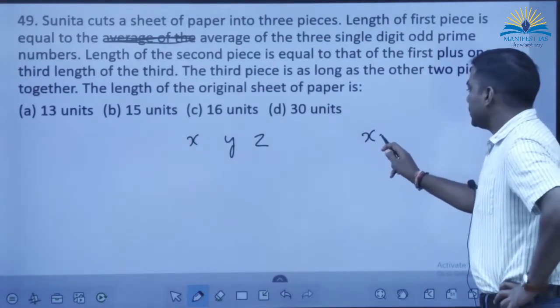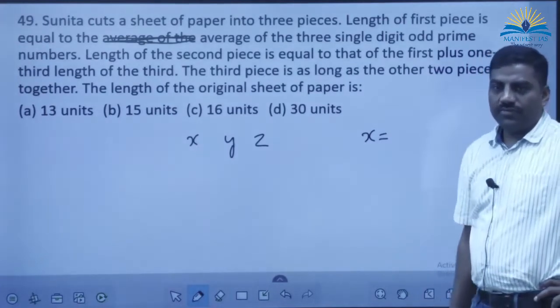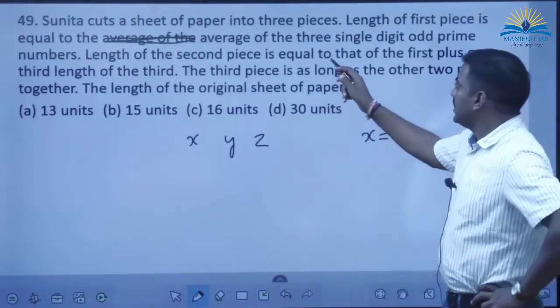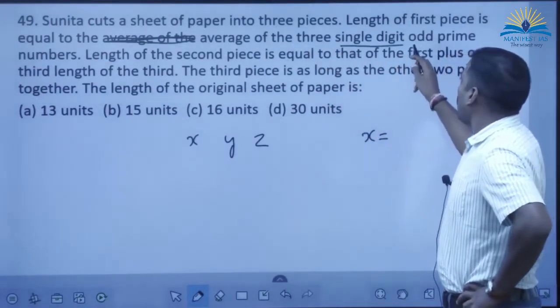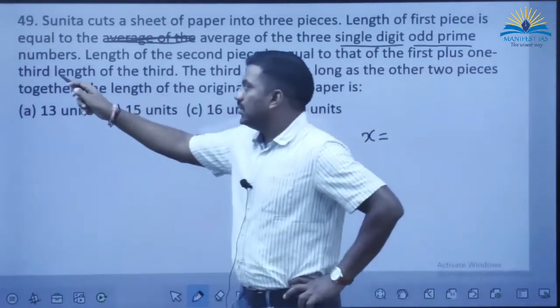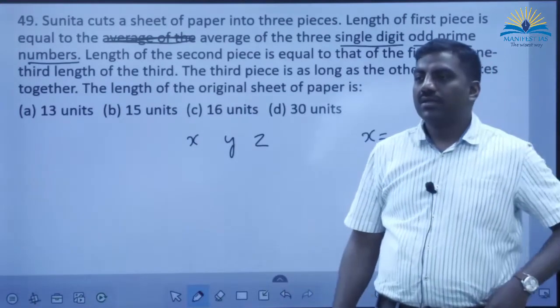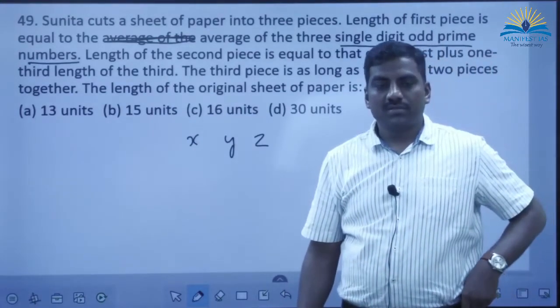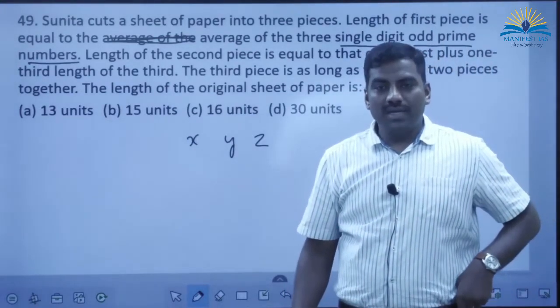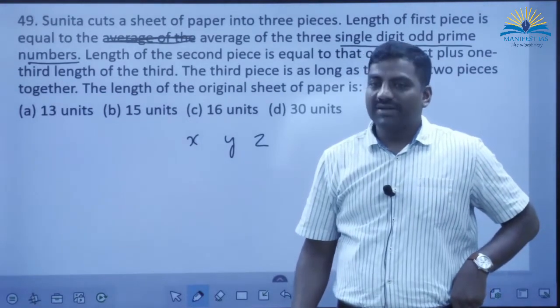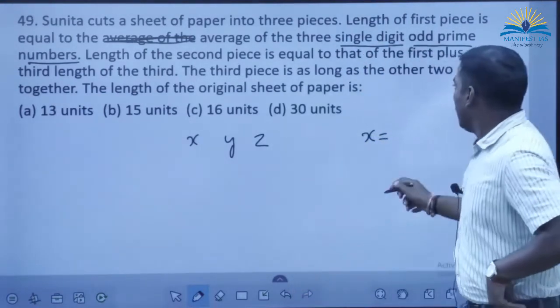X is the average of 3 single digit odd prime numbers. Tell me single digit odd prime numbers. 3, 5, 7. What is the average of 3, 5, 7?